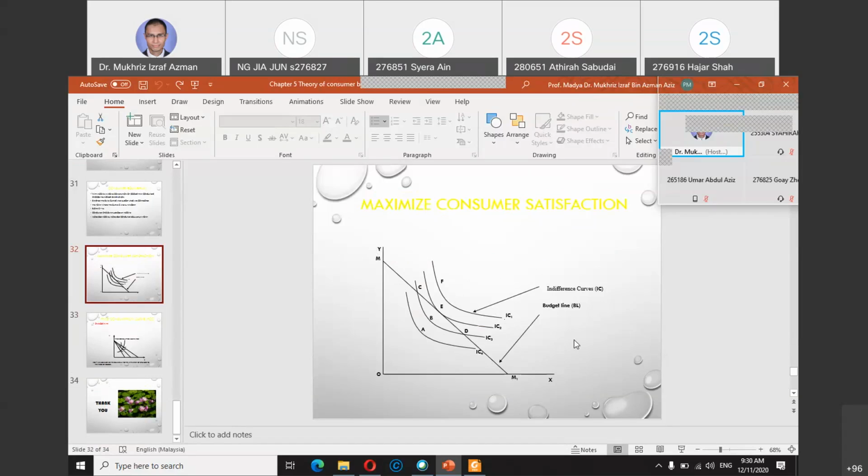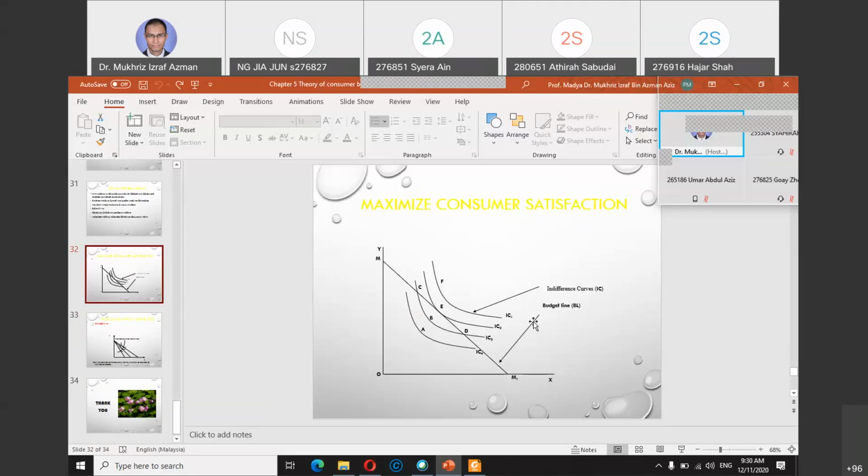It doesn't change. So when you have only one budget line, but you have different indifference curves: indifference curve 1, IC1, IC2, IC3, and IC4, which means IC1 gives you higher utility, and IC4 being the lowest one gives you the lowest utility. But you cannot simply choose IC1 just because it is the highest utility of all.